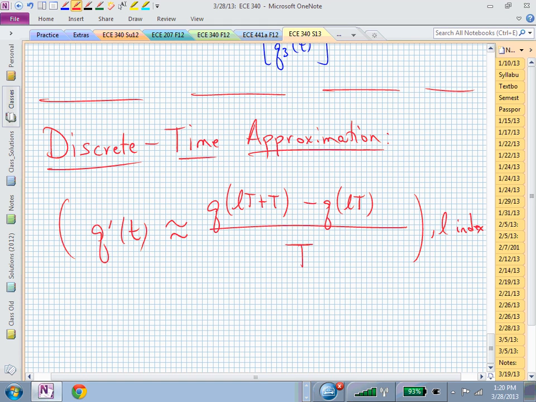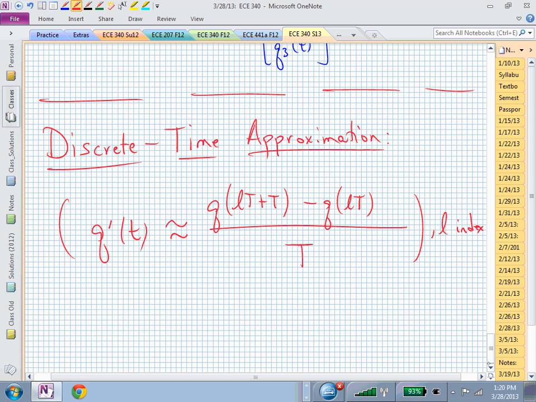So this is now q at 20 minus q at 10 over their time separation, which is 10 milliseconds, or 0.01. That's how I'm approximating this derivative. That's why this is an approximation of the original set of equations.